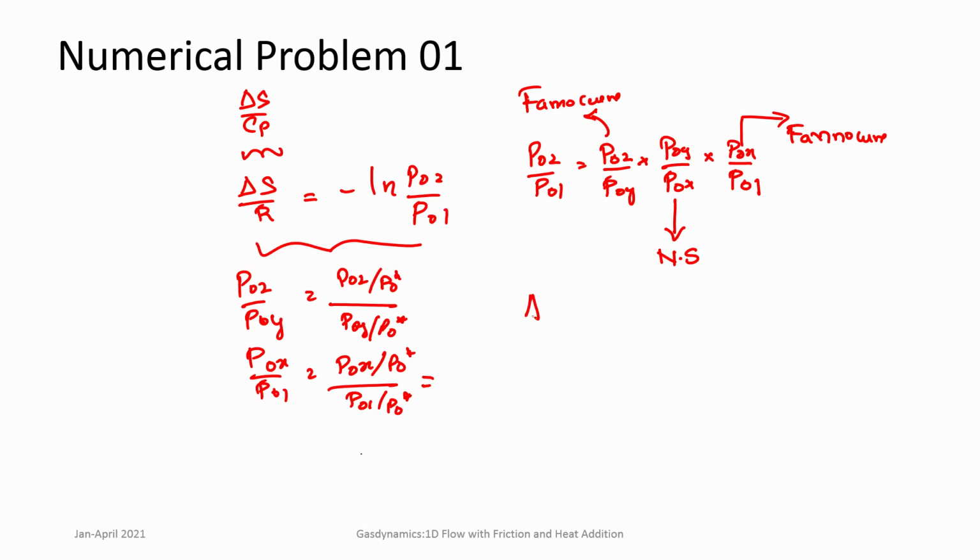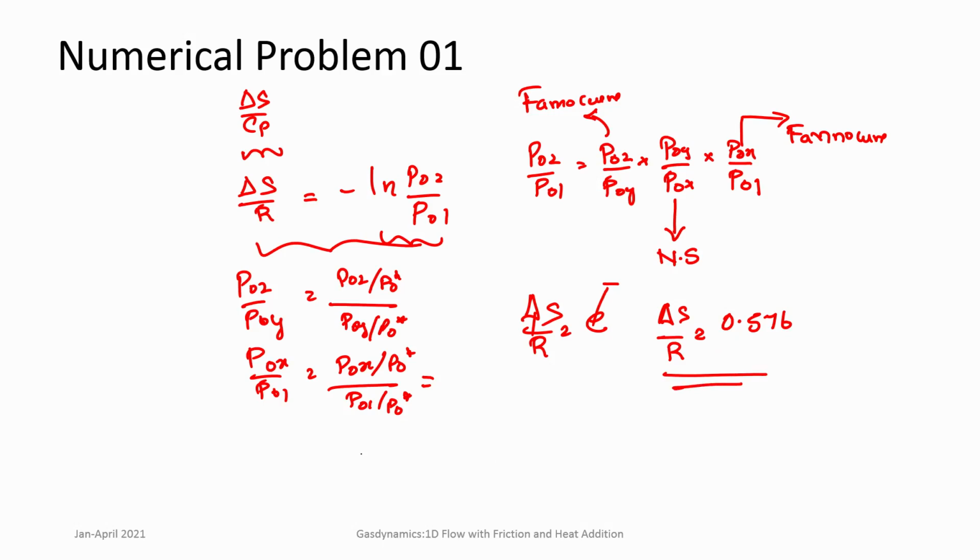Delta S by R is log of P 02 by P 01, sorry, with a minus sign. Okay. So, if you get P 02 by P 01, then delta S by R is equal to 0.576. Okay, that is the change in entropy.